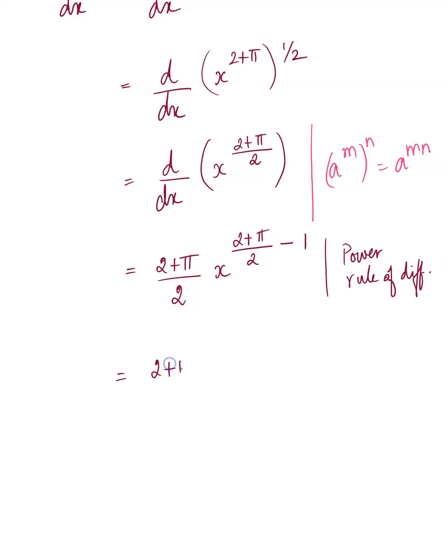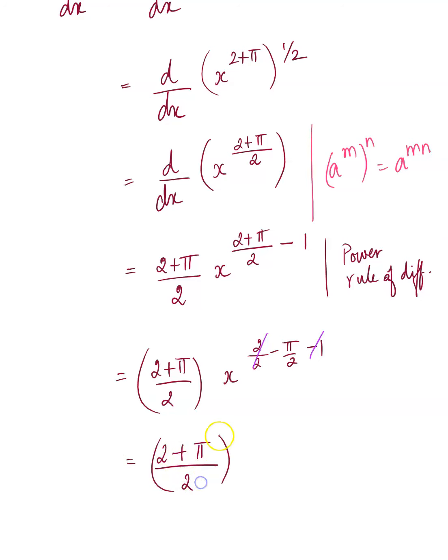So that's 2 plus pi over 2. Let's keep it together there. And focus on the power here. So if I separate these fractions, so I get 2 over 2 minus 1, right? 2 over 2 is 1 itself, so 1 minus 1 will be 0, so those two will go away. And that helps me to come back here as 2 plus pi over 2 x power pi over 2.